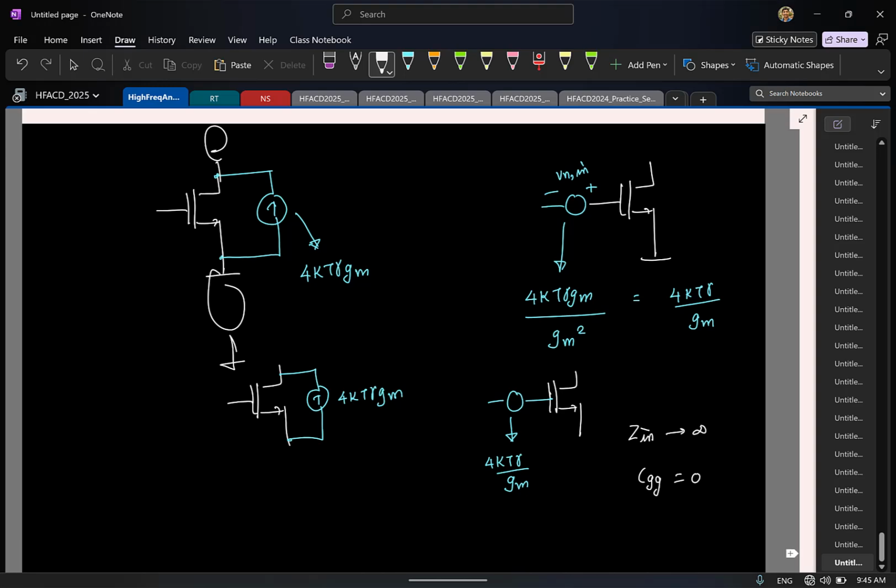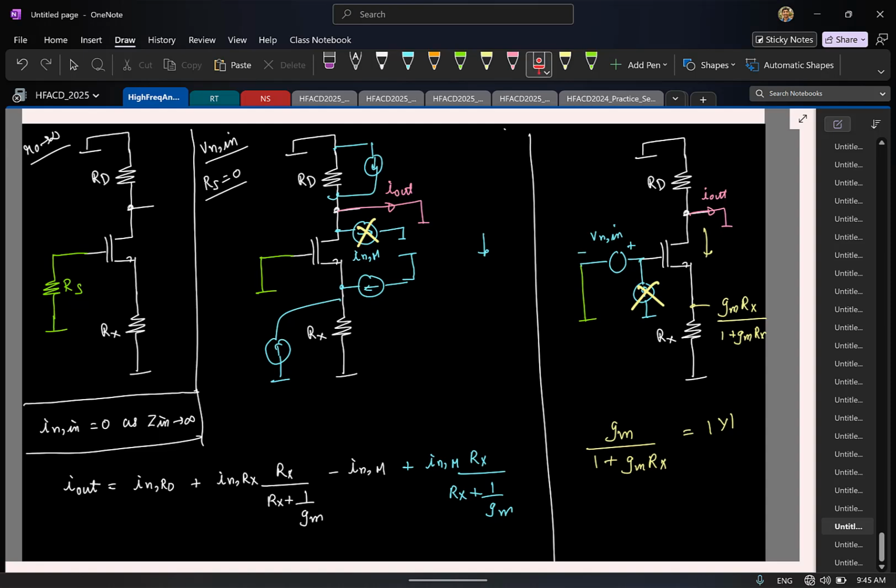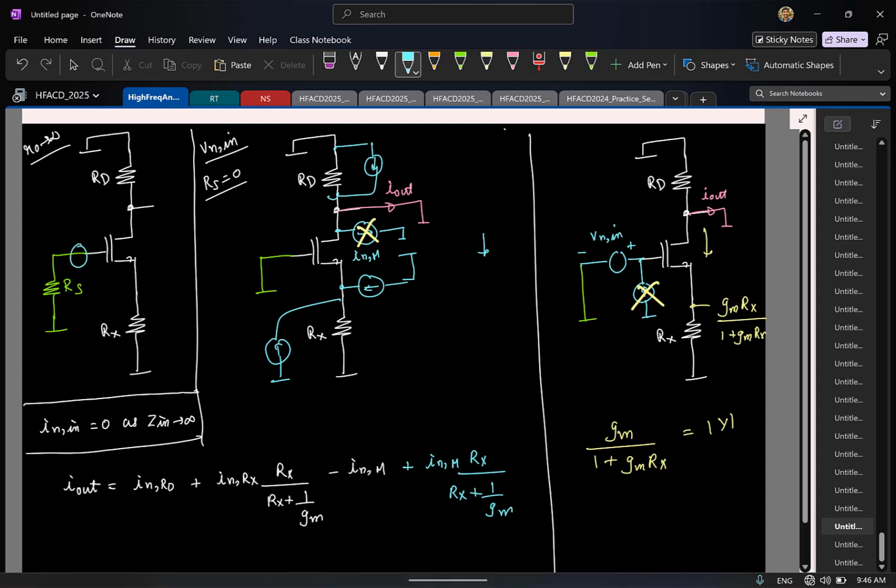So if I look at the circuit I have, anytime I have a MOSFET, its noise can be modeled as a voltage source at the input. The contribution of this MOSFET to the overall input referred noise voltage is simply the noise voltage of that MOSFET. Instead of modeling the noise with a current source, I can as well put a voltage source like this.